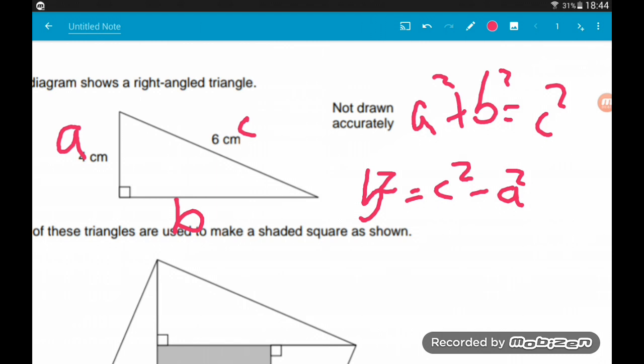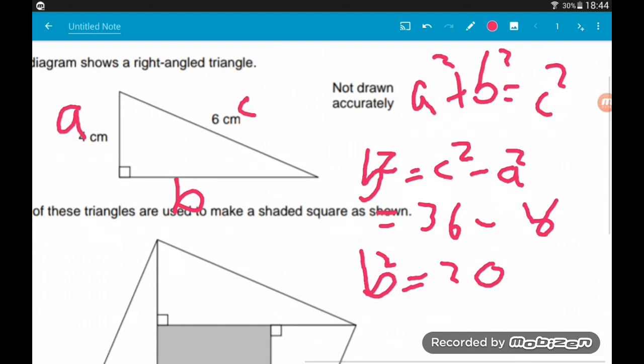So if we substitute our numbers in, 6 squared is 36. Take away 4 squared is 16. So we've got B squared is 36, take away 16. So B squared is equal to 20.